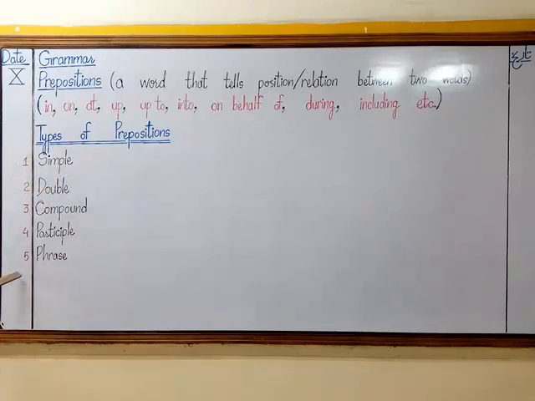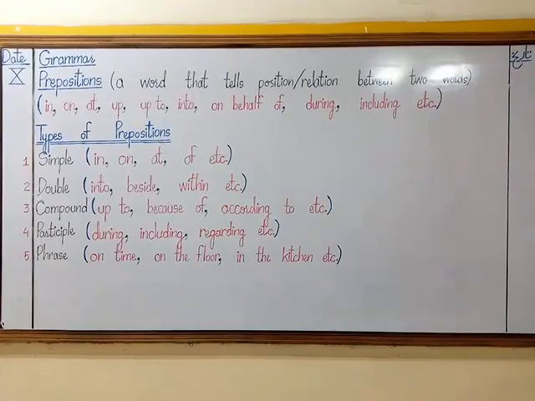There are 5 different types of prepositions: simple preposition, double preposition, compound preposition, participle preposition and phrase preposition. I will give you a couple of examples of each of these 5 types. Here you can see I have written some examples of each type.